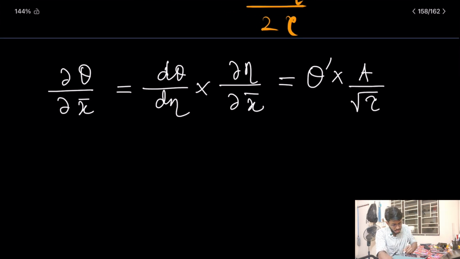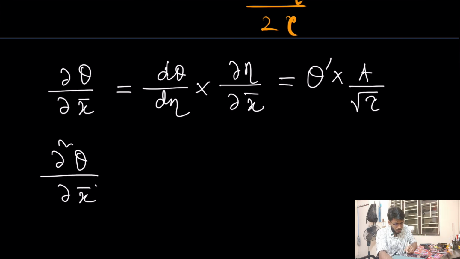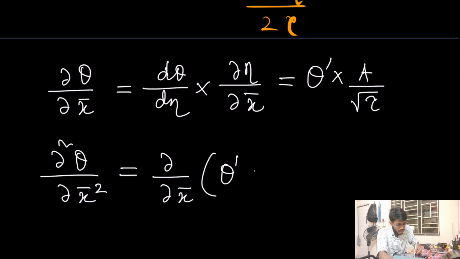Now this one is equal to, okay, I will write this as del x bar into theta dash a by root tau, right.